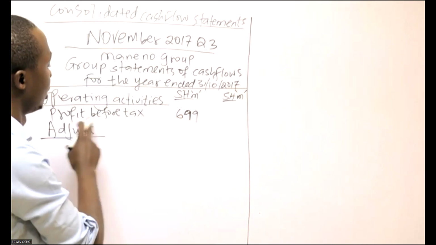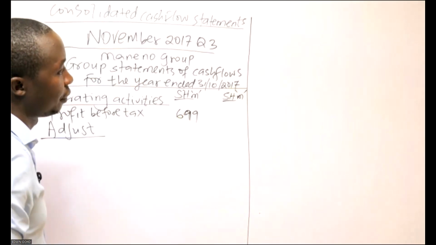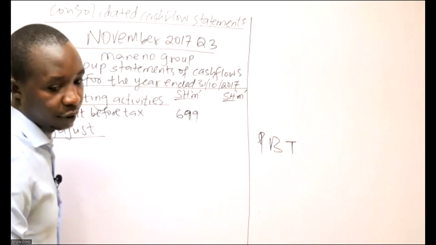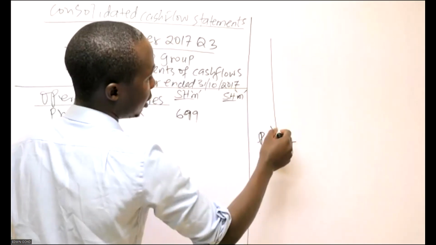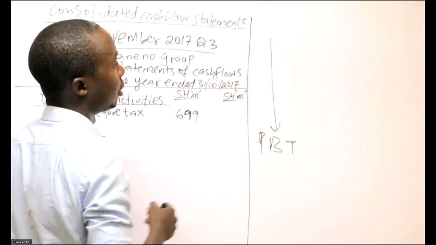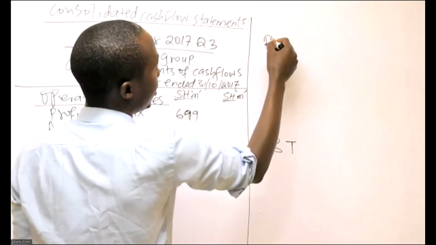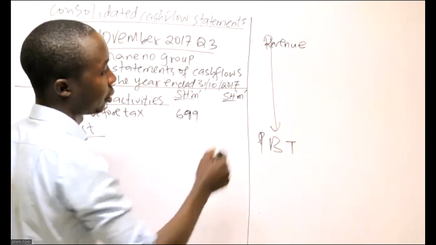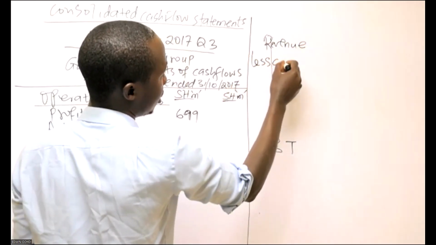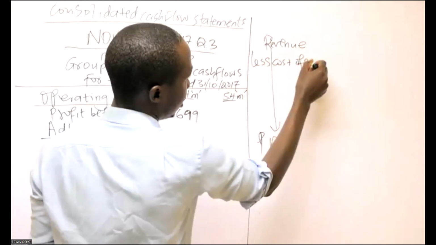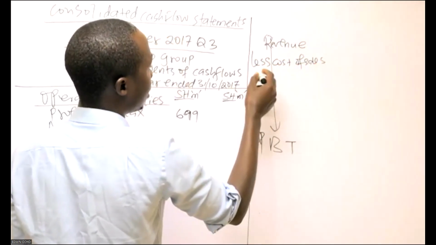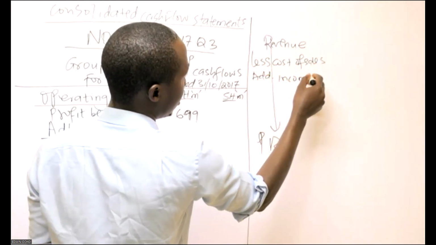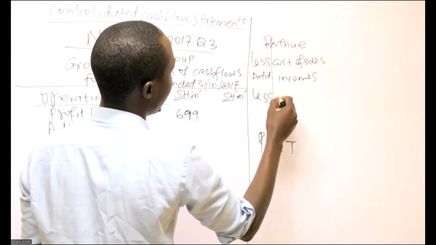So remember that in arriving at the profit before tax, there is something which happened. Because we started from revenue, we deducted the cost of sales, of which we added some incomes, then some expenses were deducted.